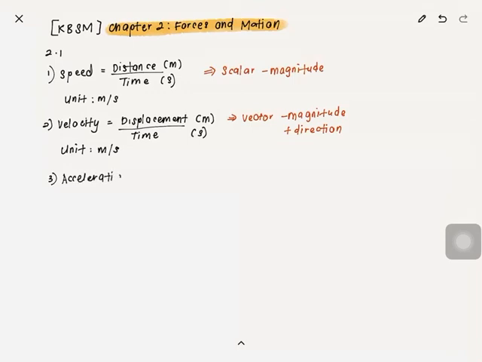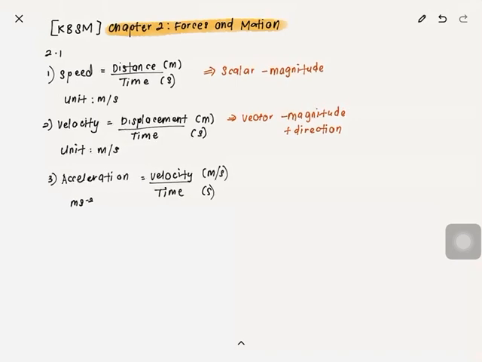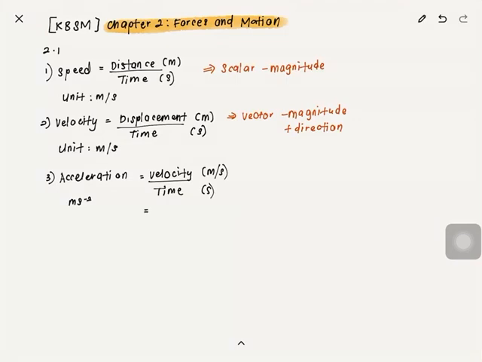Number 3, we have acceleration. Acceleration is velocity divided by time. The unit for velocity is meter per second and time is second, so the unit for acceleration will be meter per second square.